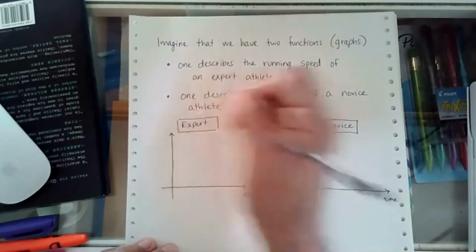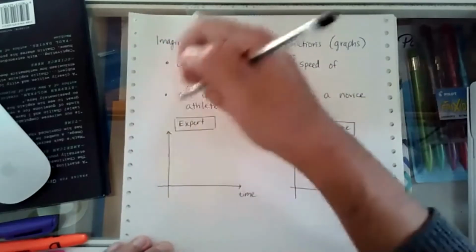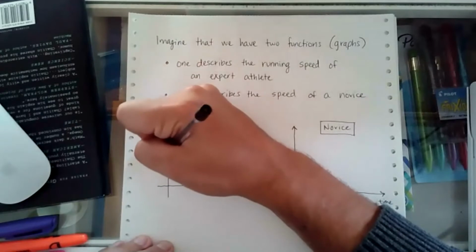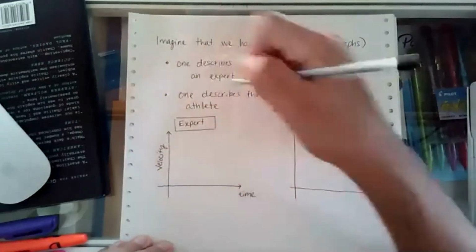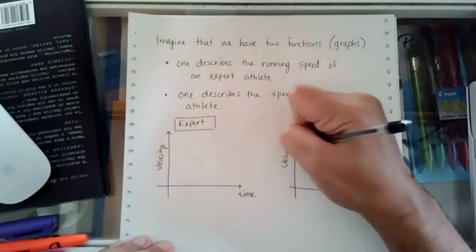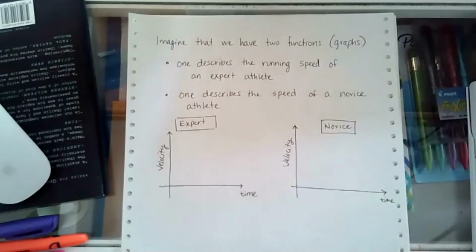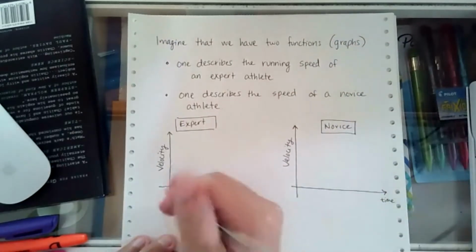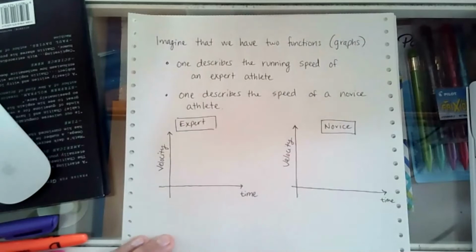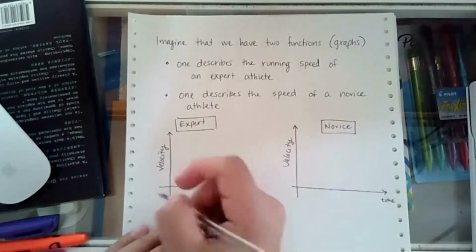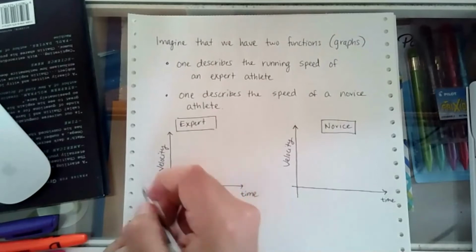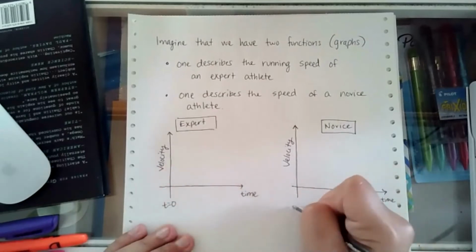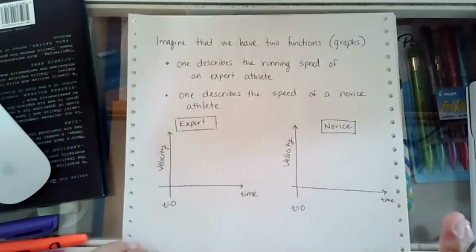And the y-axis for both of these is going to be represented by velocity or speed. So at the beginning of the race, for instance, of this same race, they're running the same course. I'm going to say t is equal to 0, or time is equal to 0. That's the start.